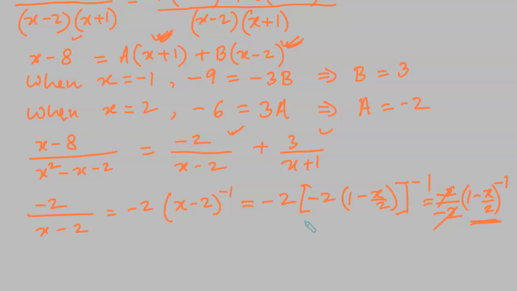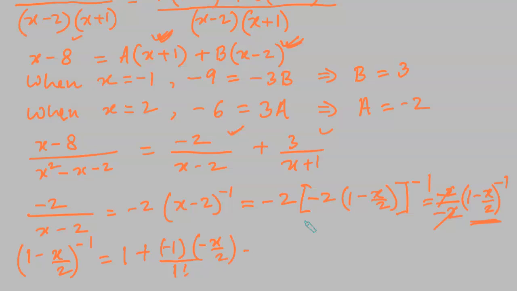So now we expand that. 1 minus x over 2 to the power of negative 1 should be equal to, the first term will be equal to 1. Next term is negative 1 over factorial 1 times negative x over 2.